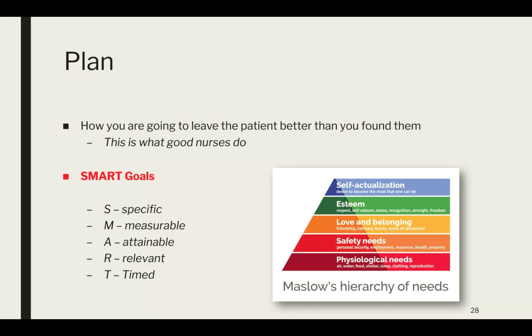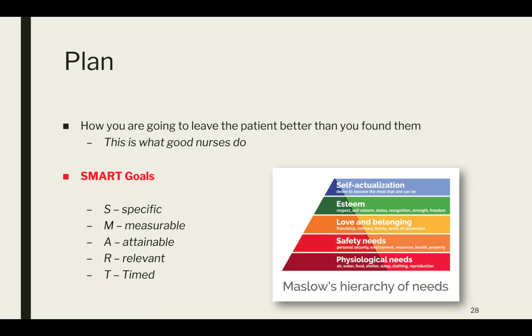So we are going to set a goal for Flat John, and we want to follow a SMART goal. That is the format we want to use. So our goals should be specific. They should be measurable, attainable, relevant, and timed. And we are going to go off of Maslow's hierarchy whenever we plan something for the patient. Patients are going to complain of multiple things, right?